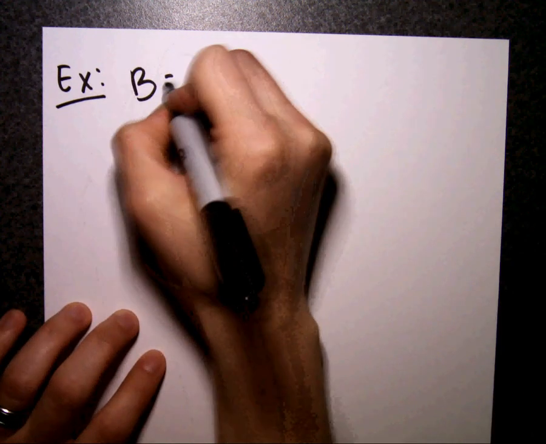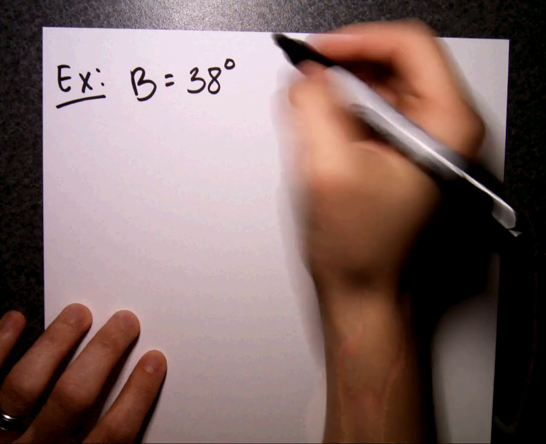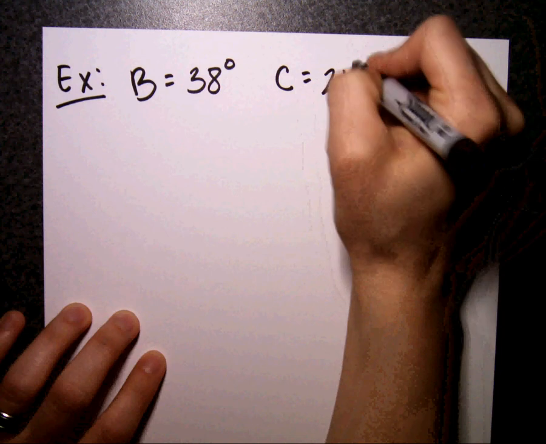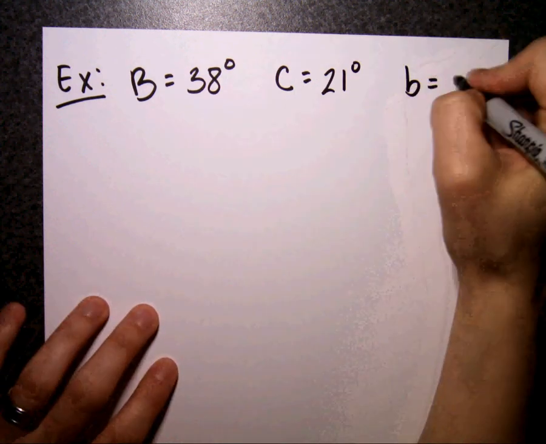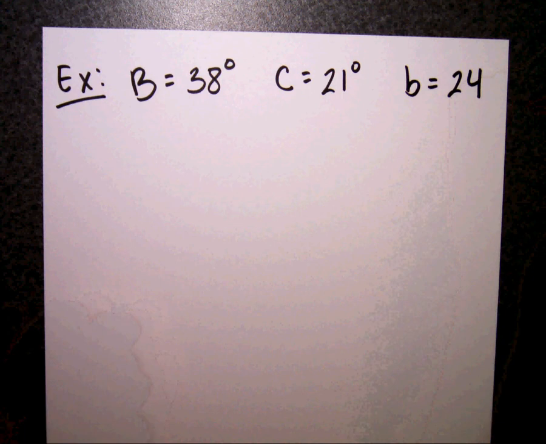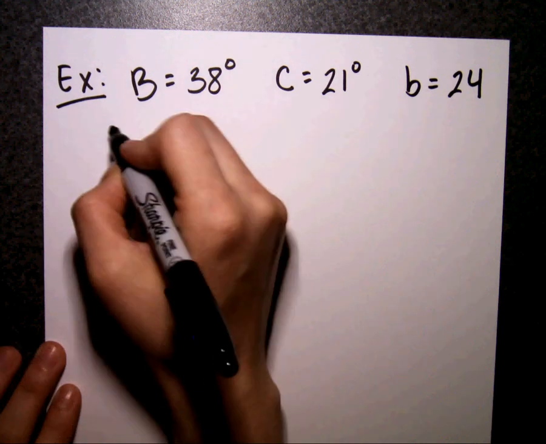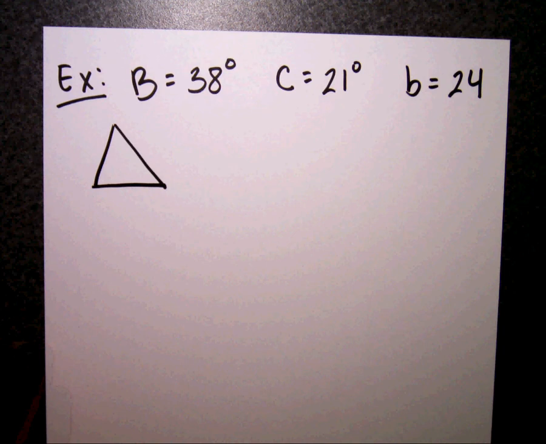All right, so let's say I'm given that angle B is 38 degrees, angle C is 21 degrees, and side B is 24. Today we're just using the law of sines, but next class when we look at the law of cosines, it's going to be especially important that we draw a triangle and figure out exactly what method I'll be using.